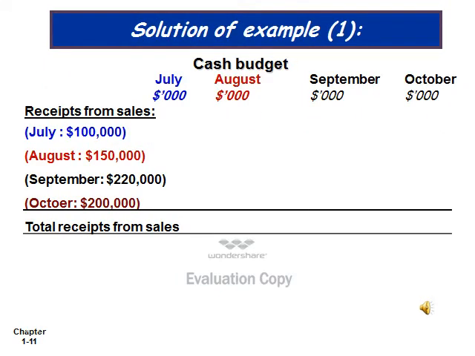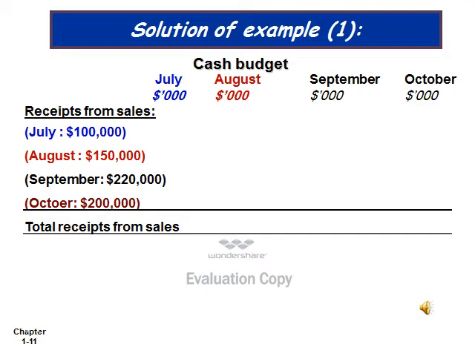The solution of example 1. Draw a table with 5 columns, data July, August, September, and October. Under data, receipts from sales. July 100,000, August 150,000, September 220,000, and October 200,000.